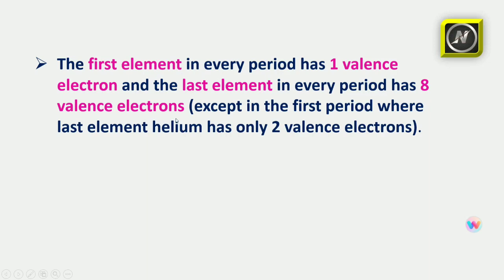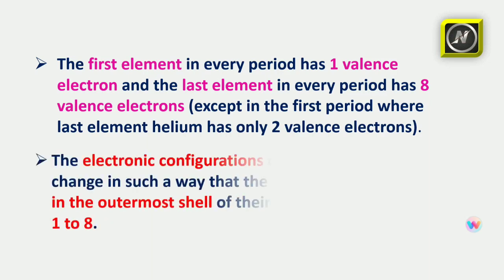So when we are moving towards the right in the periodic table, the last element has 8 valence electrons, except in the first period, where hydrogen and helium are present. Helium has only 2 valence electrons. Except this, the valence electrons are 8 for the last element of the period.